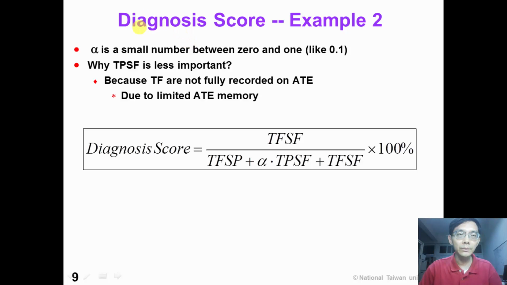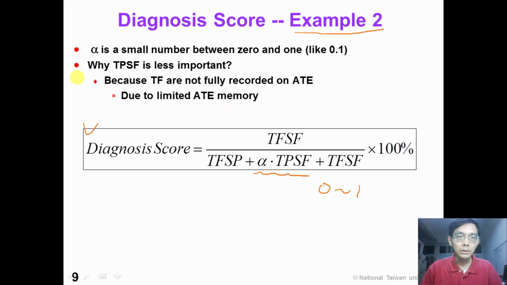Besides the previous definition of diagnosis score, we can have also other definitions. This is another example. As shown in this figure, the diagnosis score is defined as TFSF over TFSP plus alpha times TPSF plus TFSF. This is a number between 0 and 1.